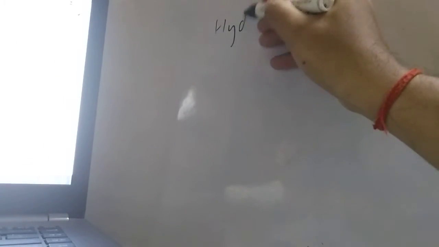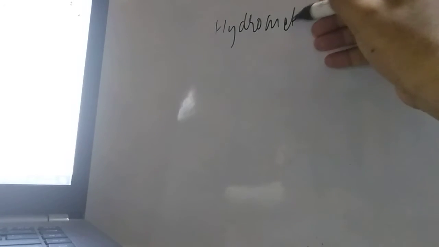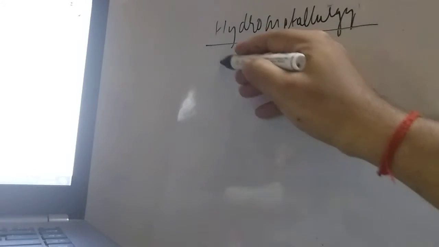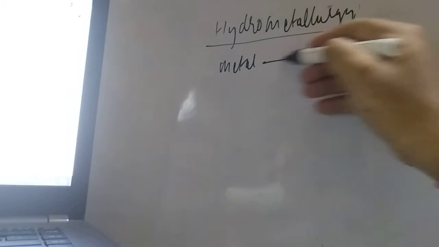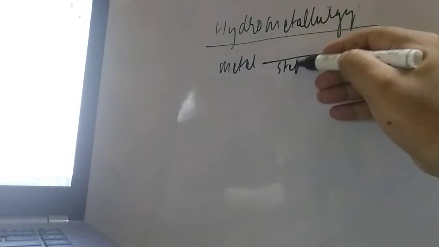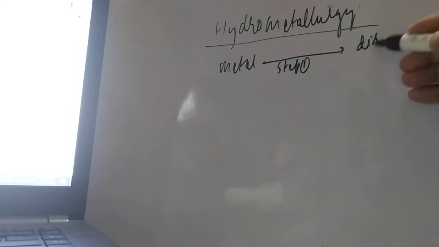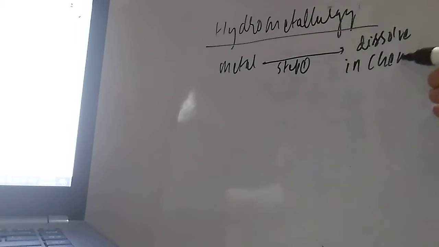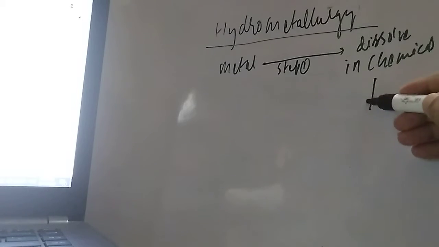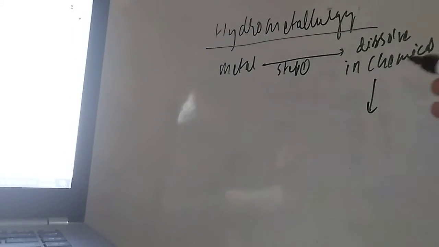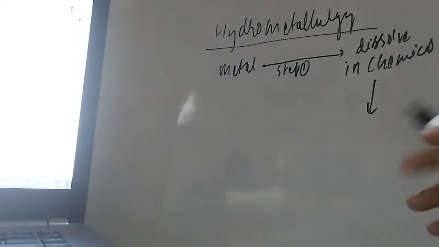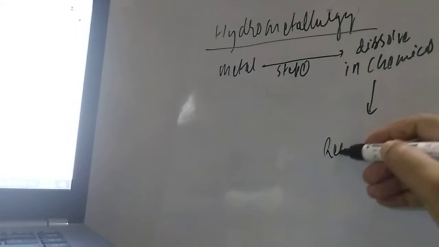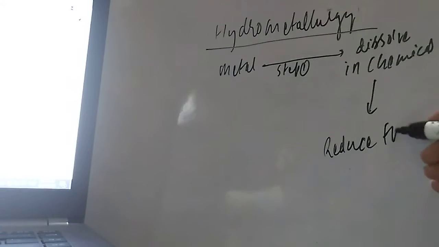First of all, let us understand what hydrometallurgy is. Hydrometallurgy means, first of all, whatever the metal is. In step number one, we dissolve it in a suitable chemical. If it is dissolved in a chemical, the metal will convert into the ion. Then we reduce the metal ion.